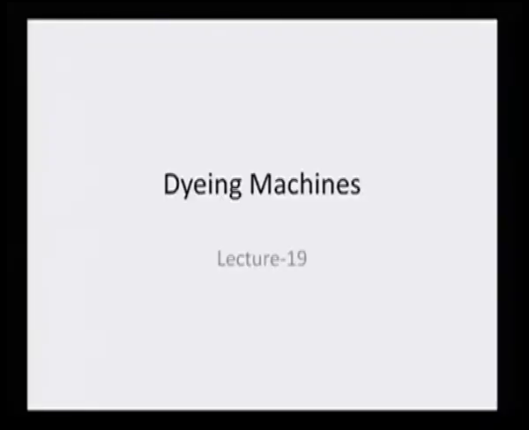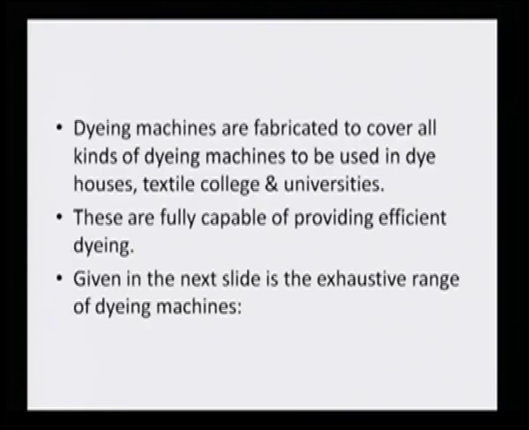So, now let us take a look at the different types of dyeing machines that are being used in the dyeing industry. Dyeing machines are fabricated to cover all kinds of dyeing needs in dye houses, textile colleges and universities.